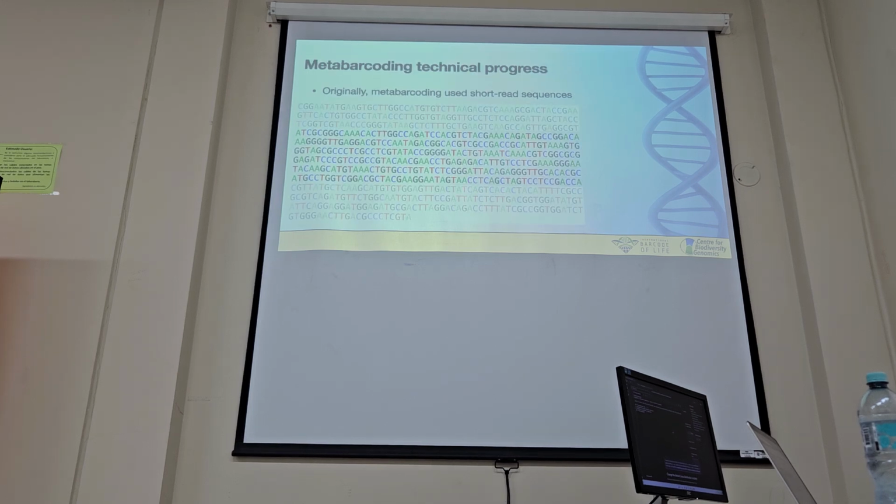I don't know if this will work because BOLD has still been having some problems, but we're going to try some things. Originally, metabarcoding used short read sequences. This is the whole barcode right here, but all you would see is a part of it, because on the old sequencing machines, like the Illumina sequencing you might have heard of, the DNA molecules they sequence are shorter.